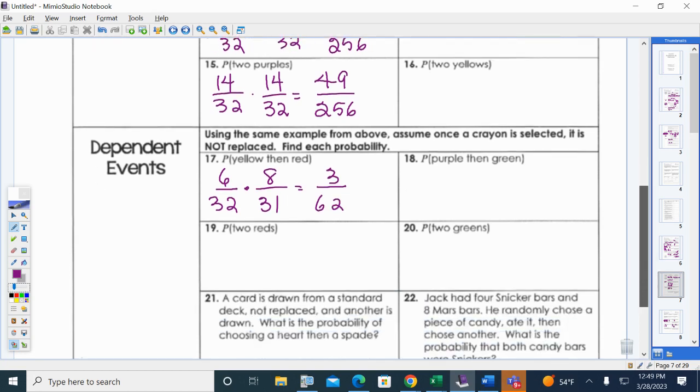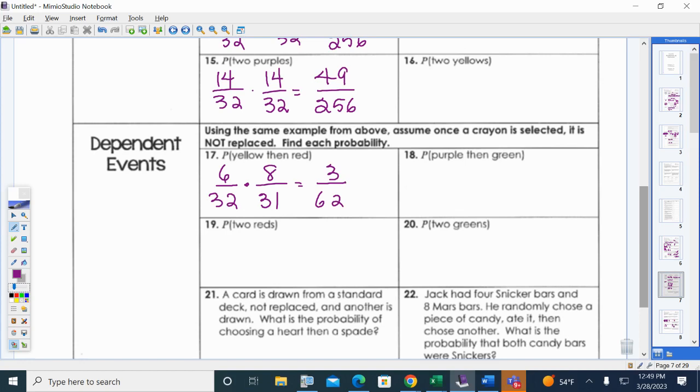One more, number 19. I need the probability of 2 red crayons. So for red, if we go back to that example, there are 8 red crayons. So the probability for my first event is 8 out of 32. But for the second fraction, I'm selecting red again.